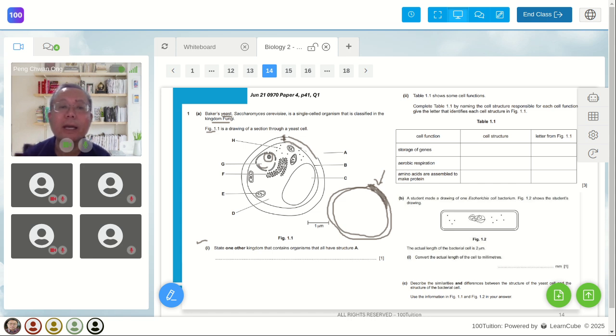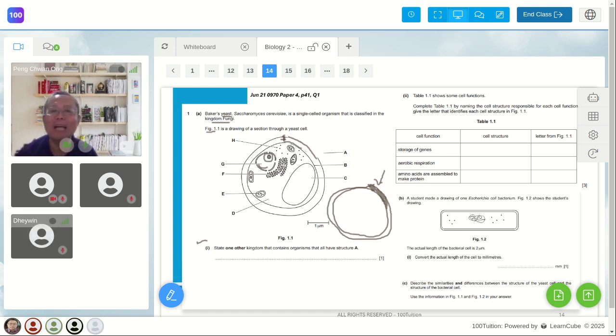Okay, so another question. What other organism in the five kingdoms also has cell walls?